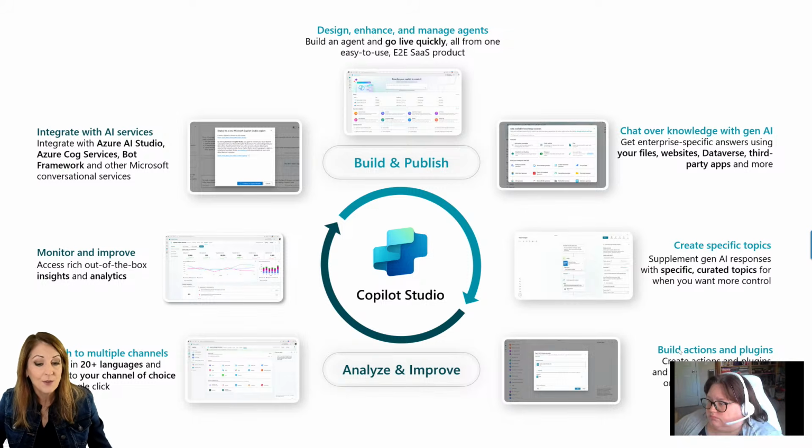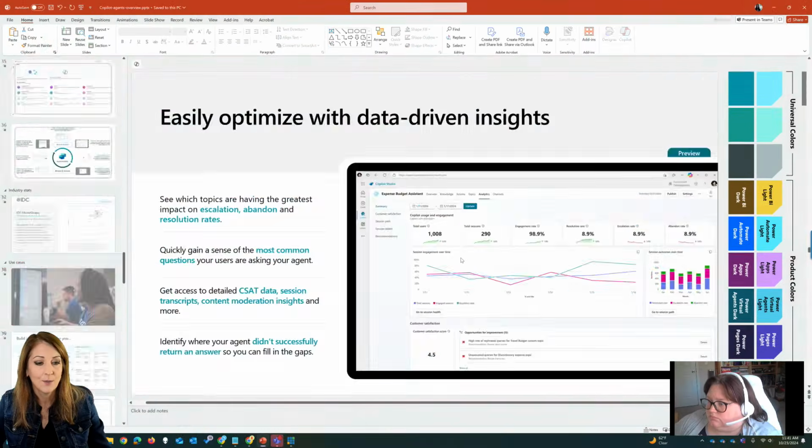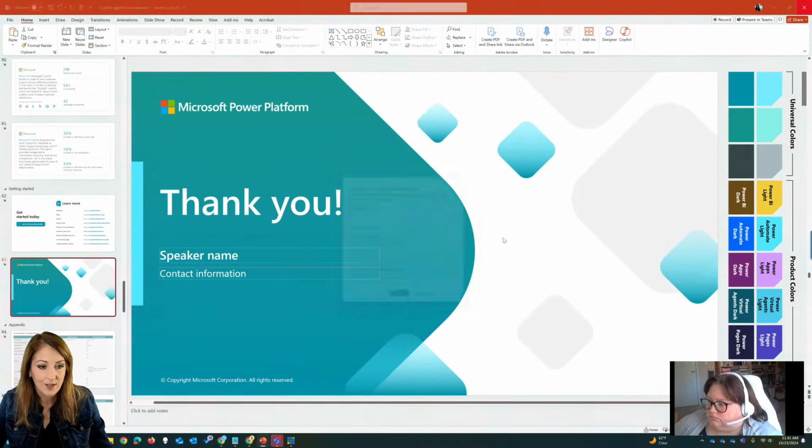And you can build, if you wanted to, actions and plugins if you are a dev and you want to use an API to call your backend database. And this slide, I actually pasted into your notes section with all of Microsoft's URLs that they are promoting for that.